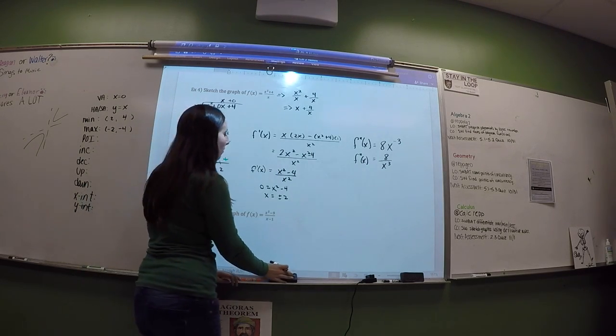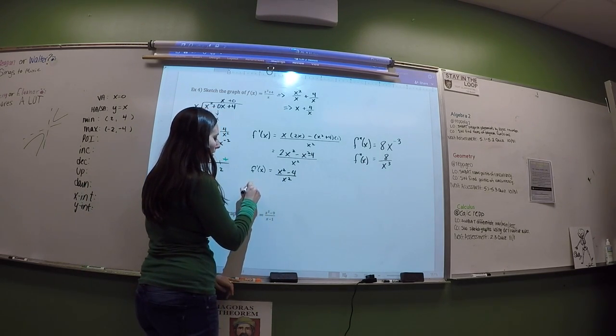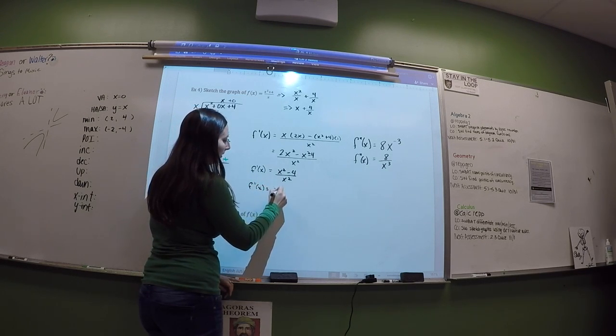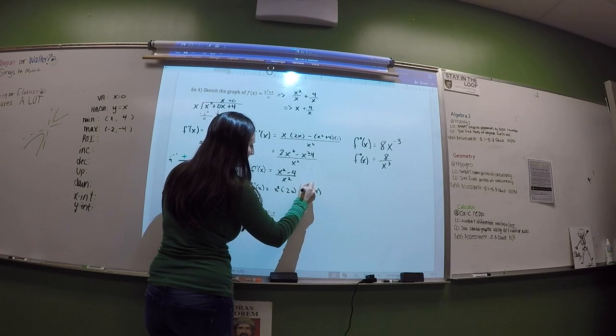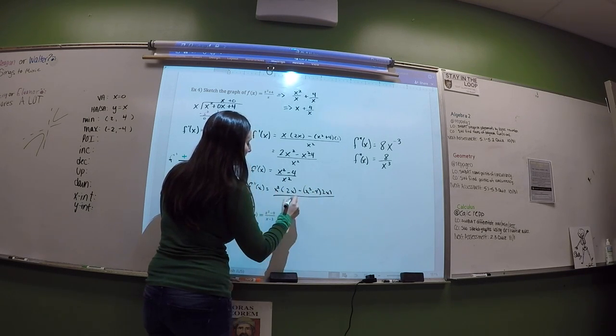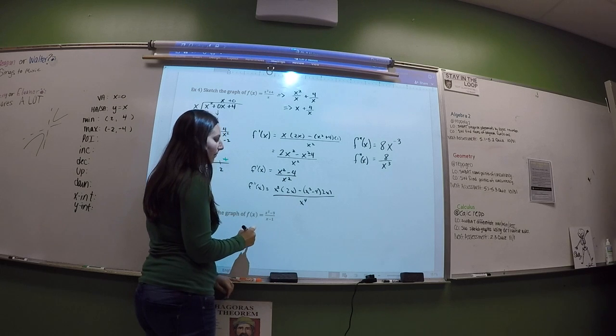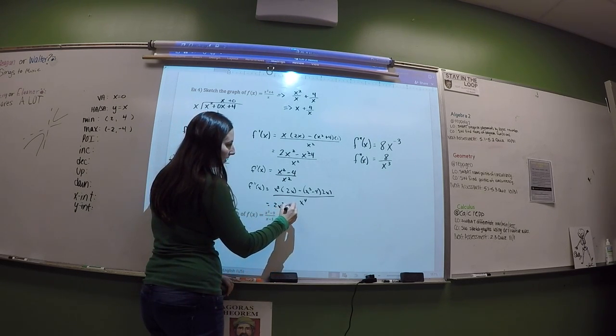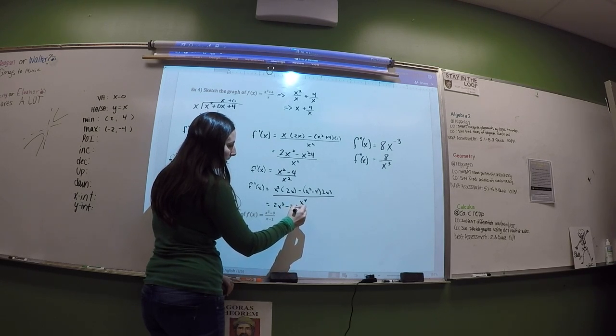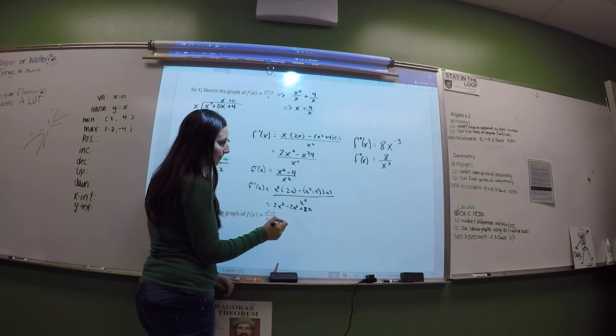You could also use the quotient rule. So that'd be low d high minus high d low all over low low. And that gives us 2x cubed minus 2x cubed plus 8x.